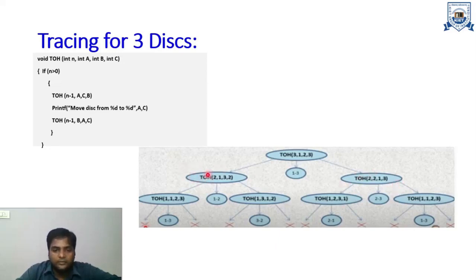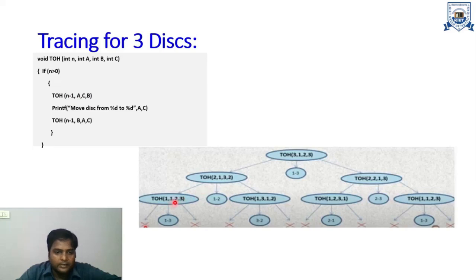So when we trace these 2 recursions further, what do we do? In this particular case, A is 1, B is 3, and C is 2. When we implement this algo over here, the first step is TOH n minus 1 A comma C comma B. So A is 1, C is 2, and B is 3.